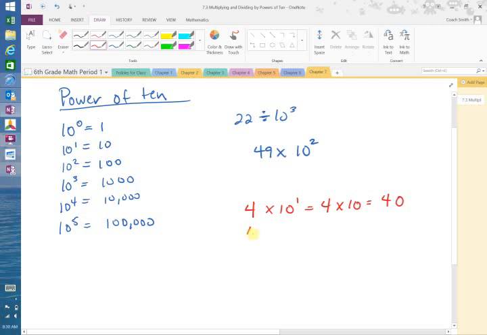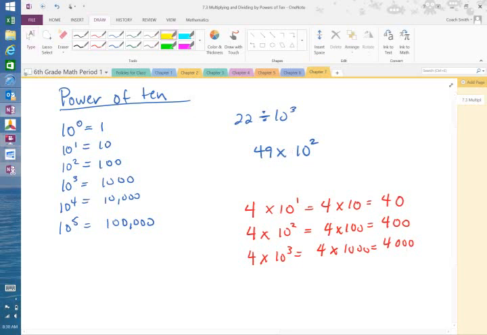Let's look at 4 times 10 to the second power. That's the same thing as 4 times 100, which is the same thing as 400. What about 4 times 10 to the third power? That's the same thing as 4 times 1,000, which is equal to 4,000.